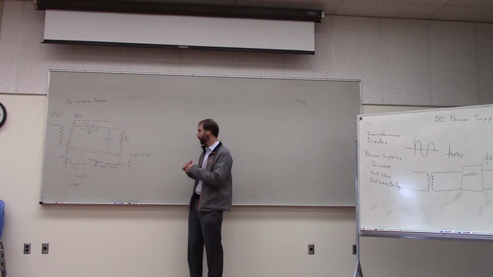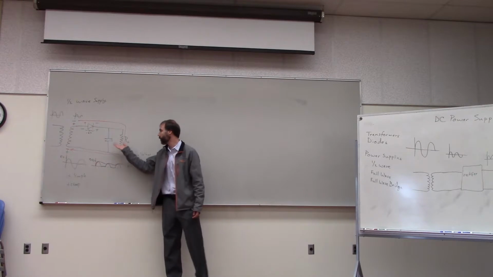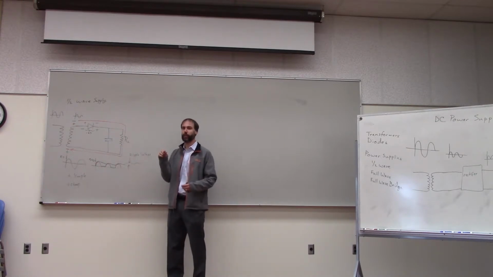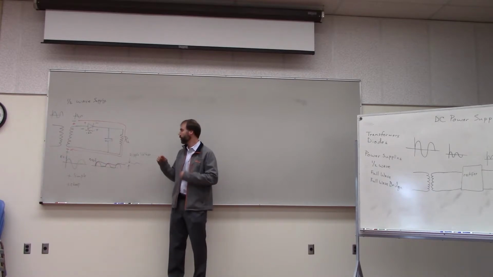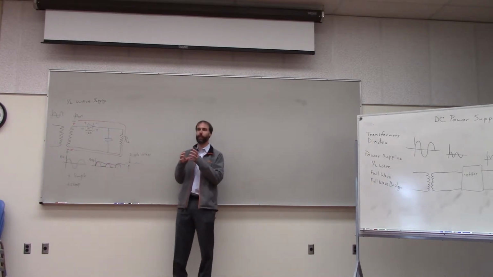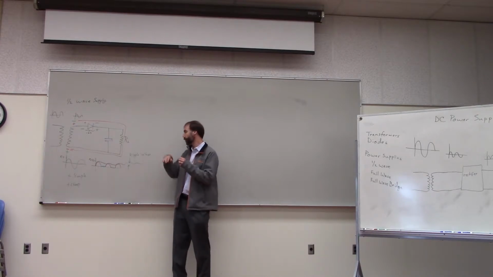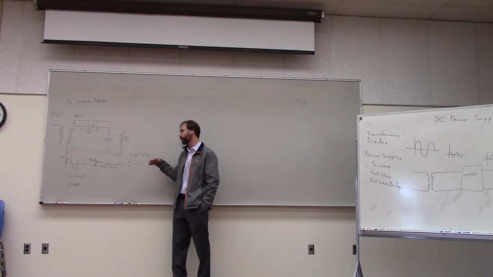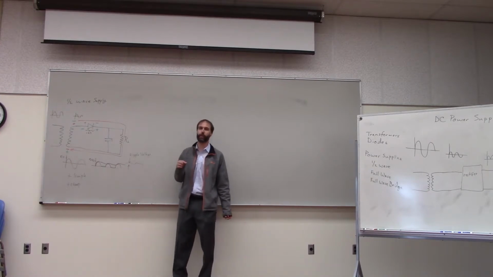And then you could pick a capacitor that would give you that much ripple. So if you knew that your components could only tolerate a small amount of ripple, you might choose a big capacitor and pay a little bit more for it. And then if they could tolerate more ripple, then you could pick a smaller, cheaper capacitor.